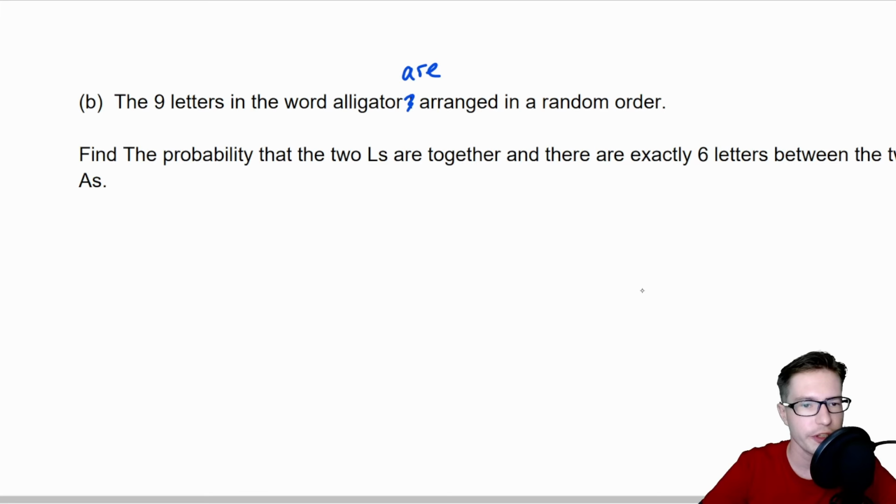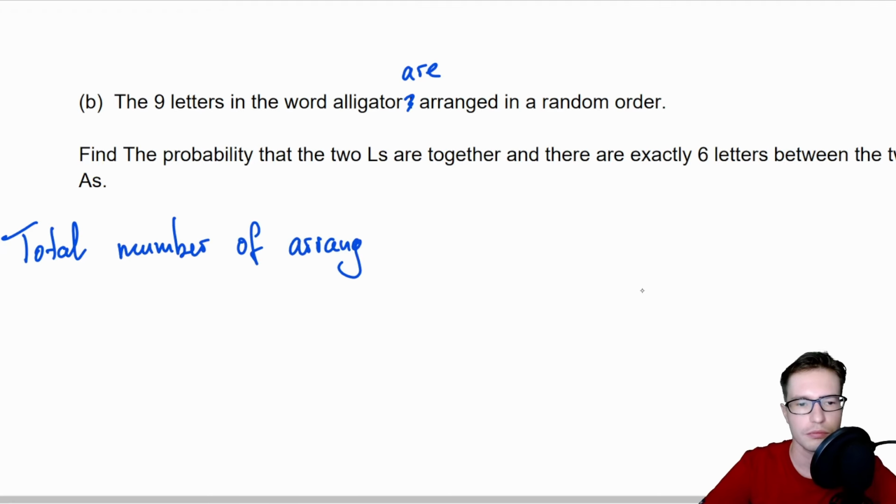All right, find the probability that the two L's are together and there are exactly 6 letters between the two A's. Now, because we're looking for the probability, I will first find the total number of all arrangements. So we have 9 letters in total.